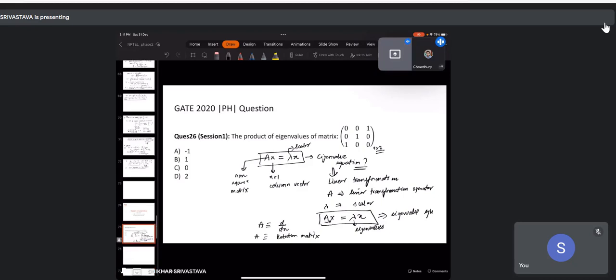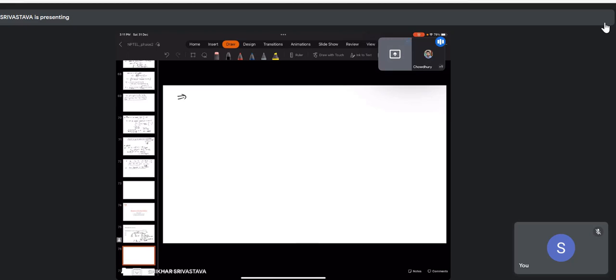So from this eigenvalue equation, how do we solve it? We can also write it in this form, where I is your identity matrix, 3 cross 3. You must be knowing I is some identity matrix.